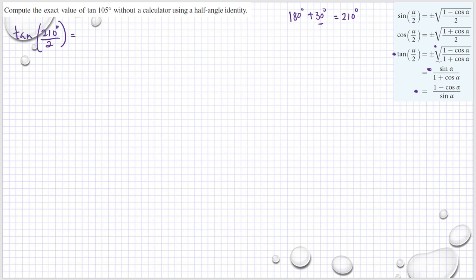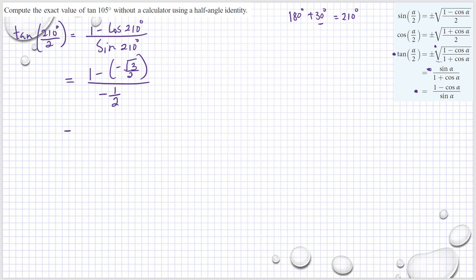So I'm going to use 1 minus cosine 210 degrees divided by sine 210 degrees. 210 is in the third quadrant, so we know that cosine 210 degrees is negative square root of 3 divided by 2, and sine 210 in the third quadrant is negative 1/2.